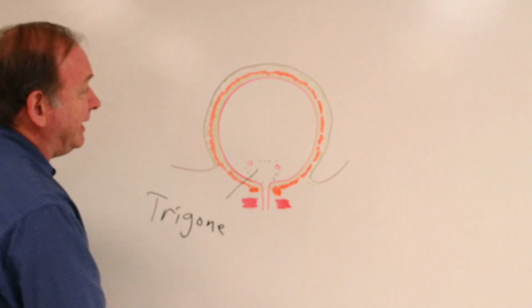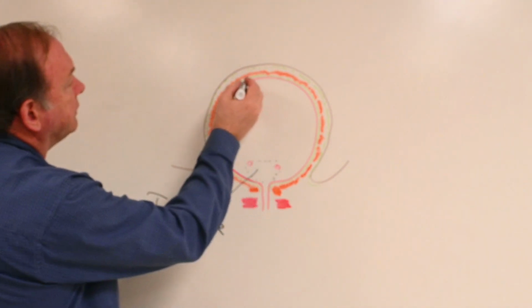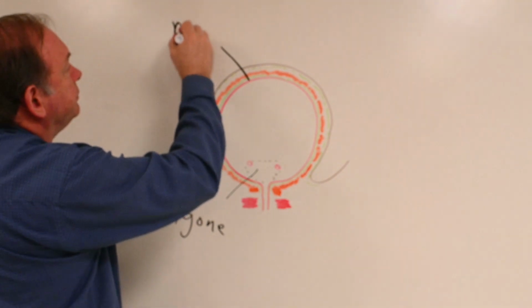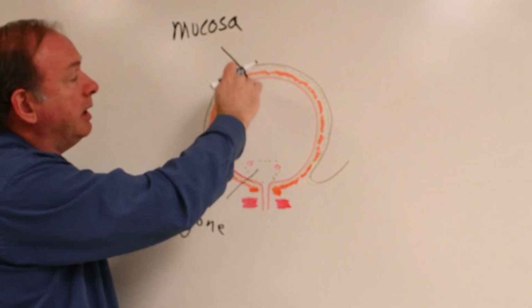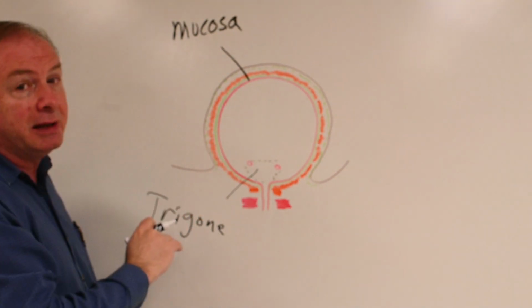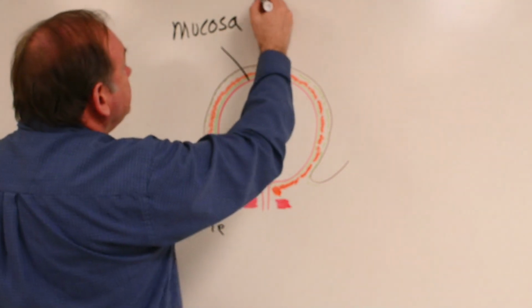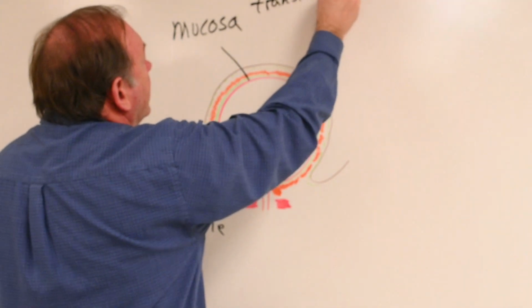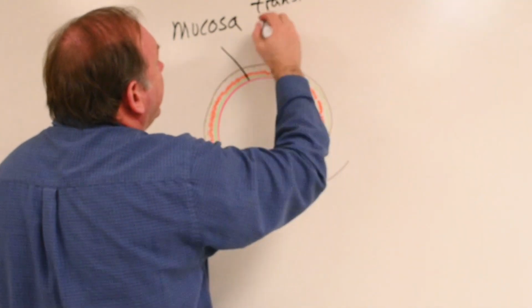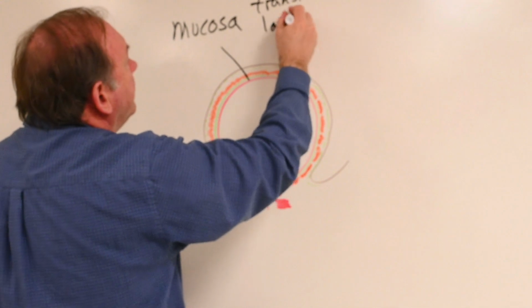So the layers in this, there's a mucosa. It consists of the transitional epithelium and the underlying lamina propria.